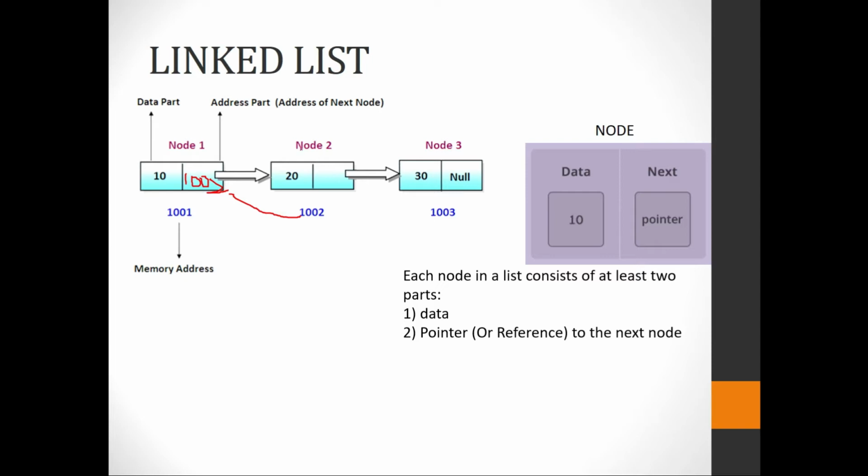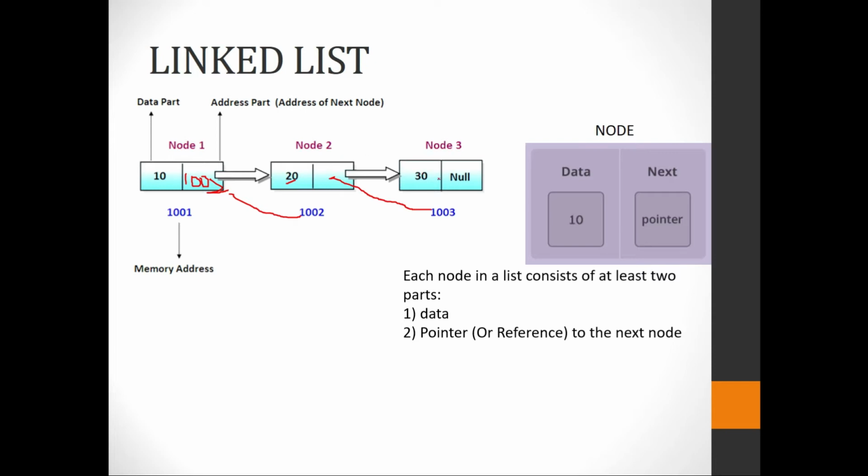Now, you have your node 2 here. This node 2 has its own data, which is 20. Now, this is a pointer, and you can tell me where it points to. Yes, it points to 1003. So this pointer part of node 2 will have the address 1003, which means it points to node 3.